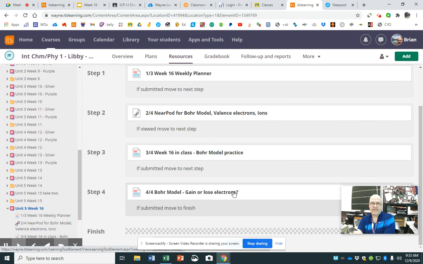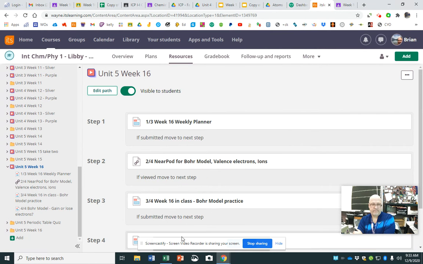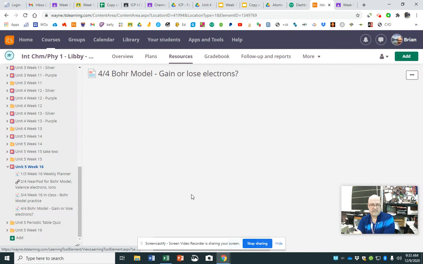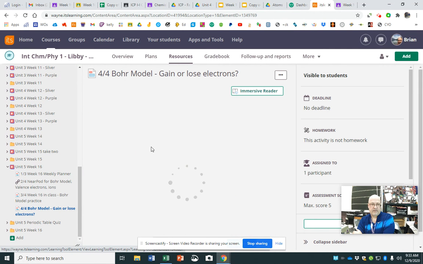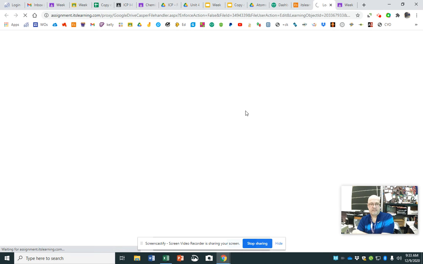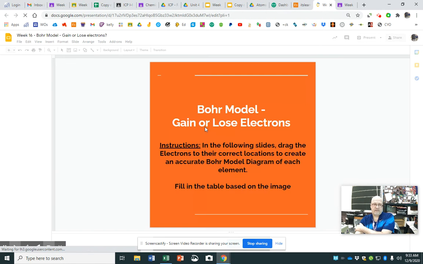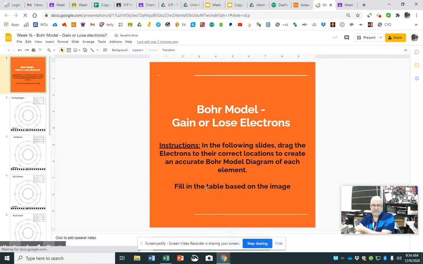When you click on that, you are going to get this. So when you get this, hopefully you'll see that Bohr models gain or lose electrons.